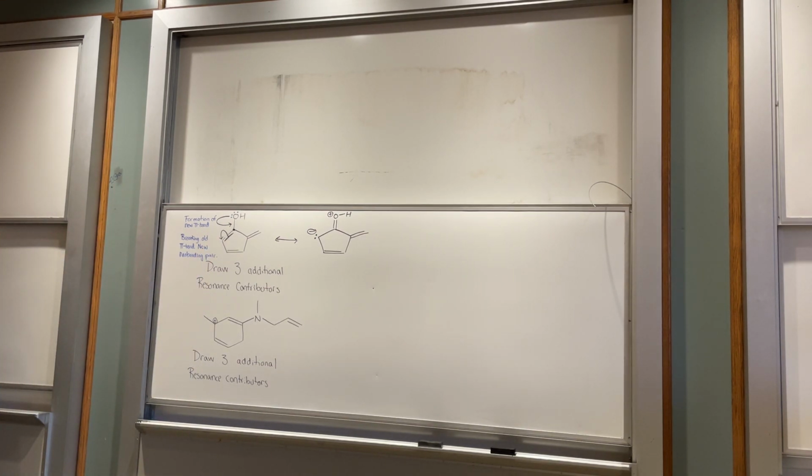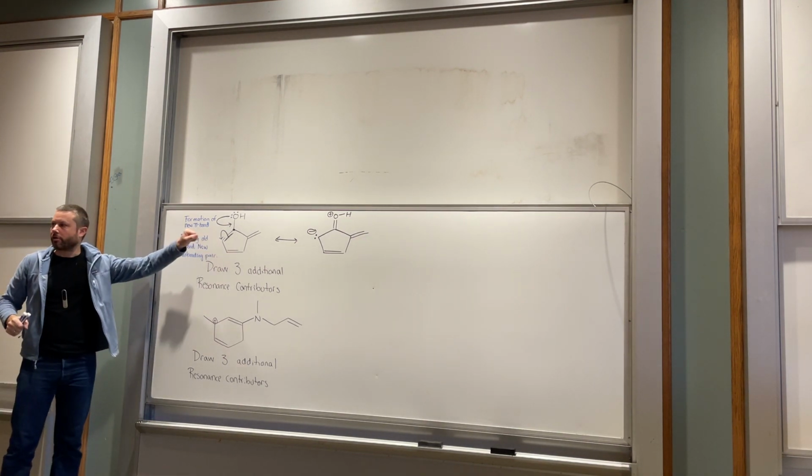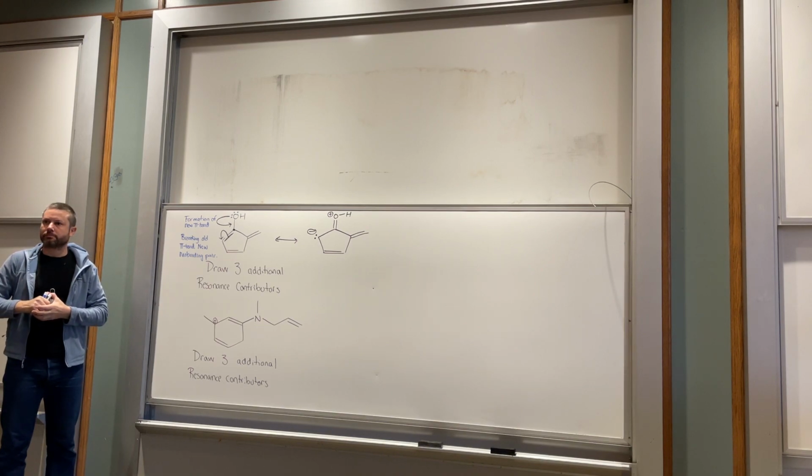The second arrow shows the breaking of the old pi bond and the formation of a new non-bonded pair, taking those two electrons in a bond and making them just sit on one carbon as a non-bonded pair.